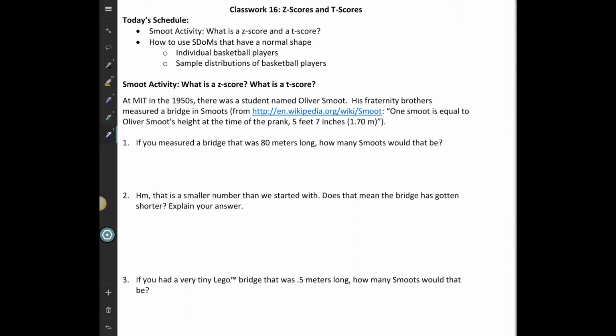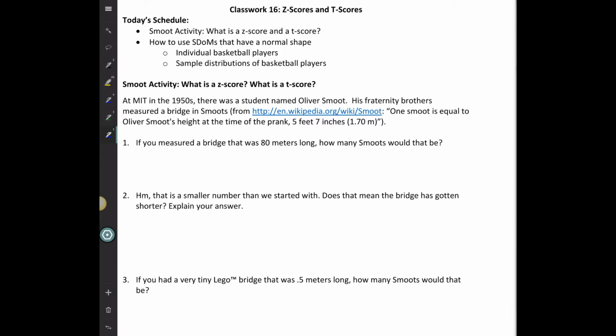Then we'll move on to how we can actually use sampling distribution of means that have a normal shape in a statistical problem. So we'll look at figuring out the likelihood of an individual basketball player having at least a certain height versus a whole team of basketball players having an average height of the same height.